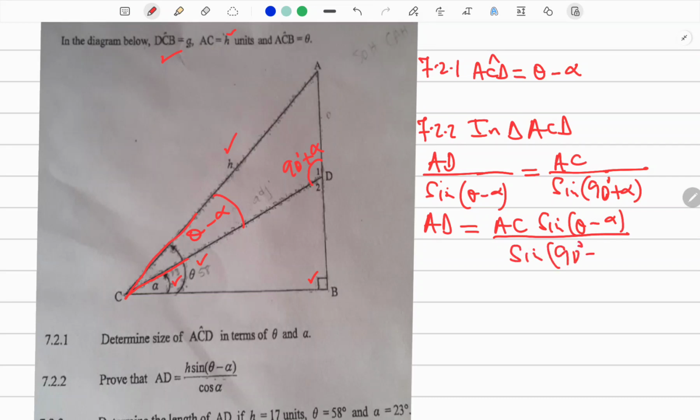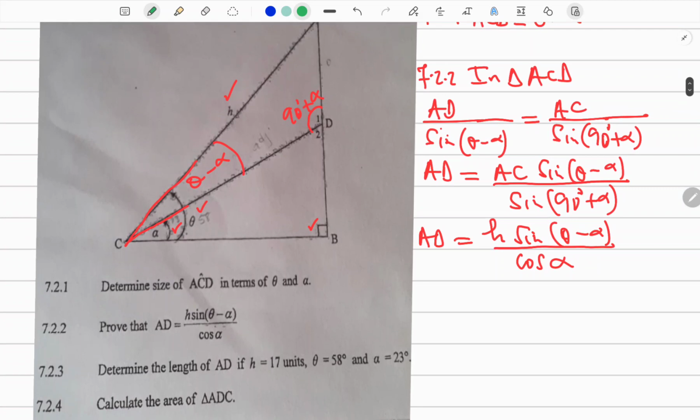The sine of 90 degrees plus alpha is in the second quadrant, and through the cofunction change it becomes cosine alpha, and that gives us AD. That is the answer to 7.2.2.